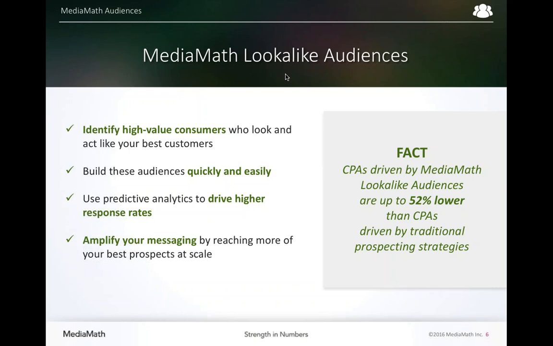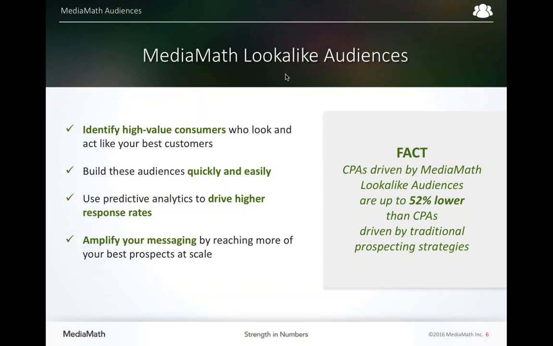We do a lot of this all day long, and so we've done a lot of testing and a lot of work with different clients, and we've done a lot of studies on aggregate of how these lookalike audiences perform against traditional prospecting strategies, which is what I call a pray and spray strategy, or targeting more on what the inventory looks like. For instance, contextual targeting, so I want my ad to show up next to an article on a particular topic, or whitelist or PMP targeting.